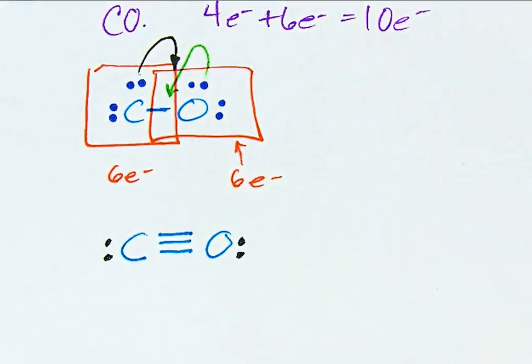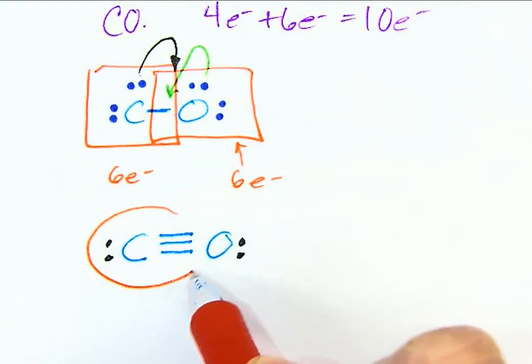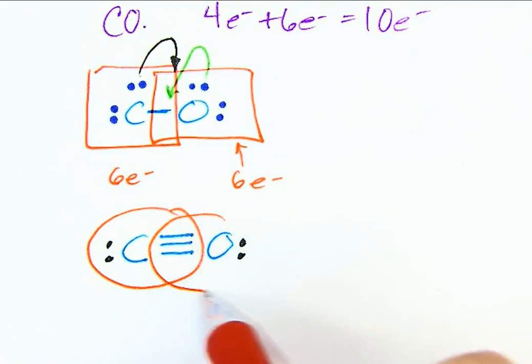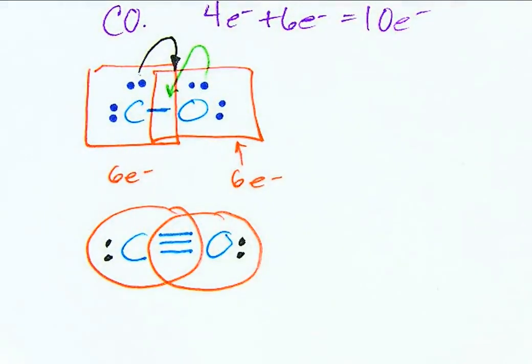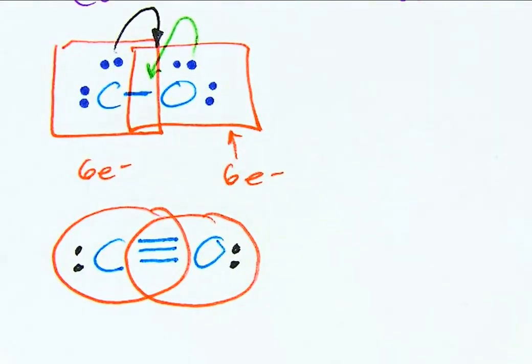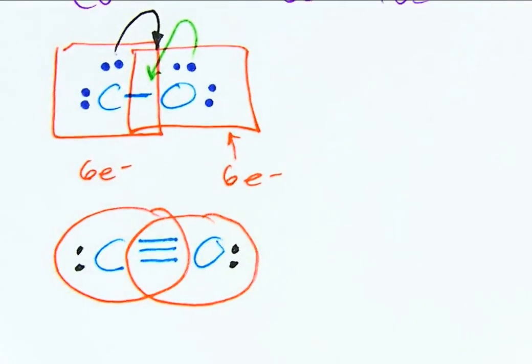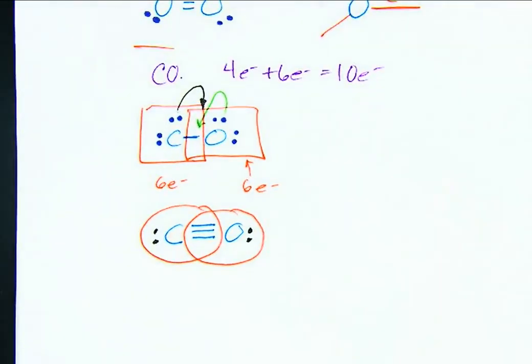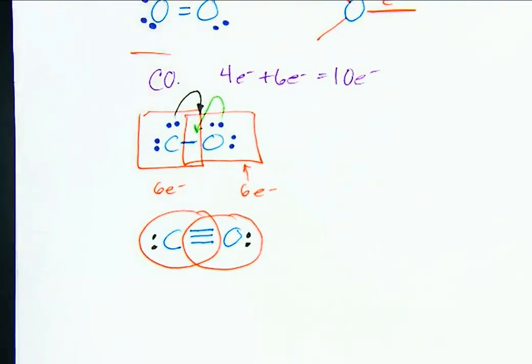Now we still have 10 electrons, but we also have 8 claimed by the carbon, 8 claimed by the oxygen. So that's how we draw the complete structure for carbon monoxide, CO.